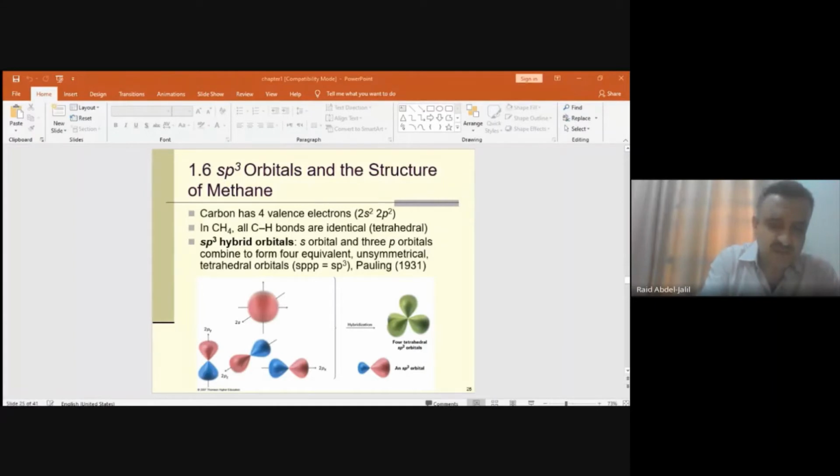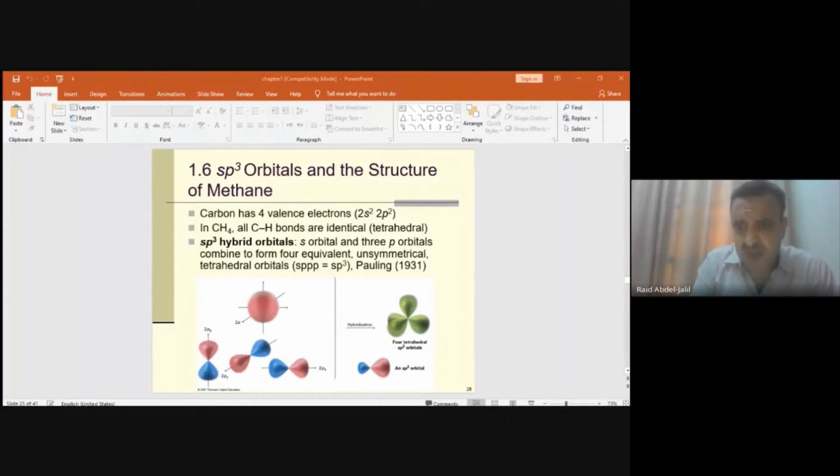That's the result of the hybridization, and thus carbon is capable of making 4 covalent bonds. And that's the explanation of the formation of methane gas.